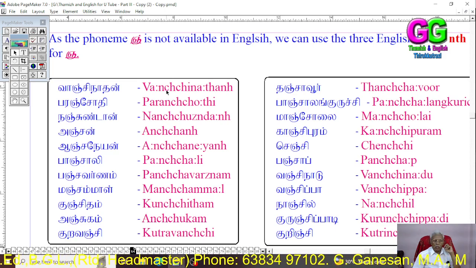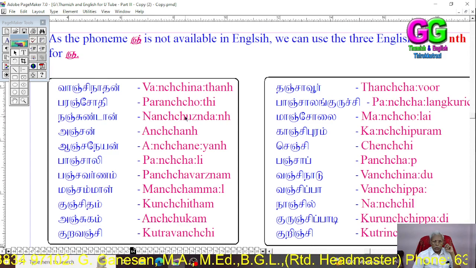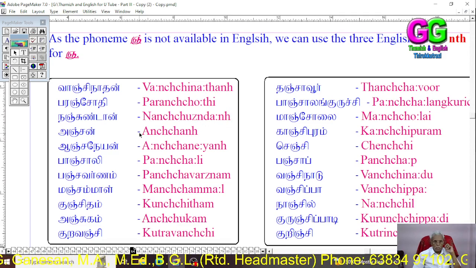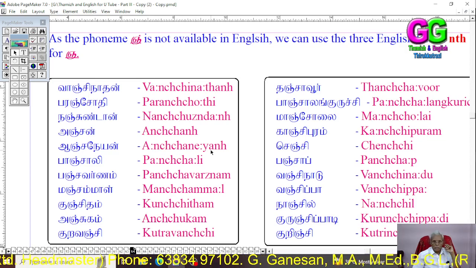See? Va, in, chi, na, ta, in Vanjinathan. Pa, ra, in, chodi, Paranjodi. Na, in, chu, in, da, in Nanjundan. A, in, cha, in Anjan. A, in, cha, ne, ya, in Anjaneyan.